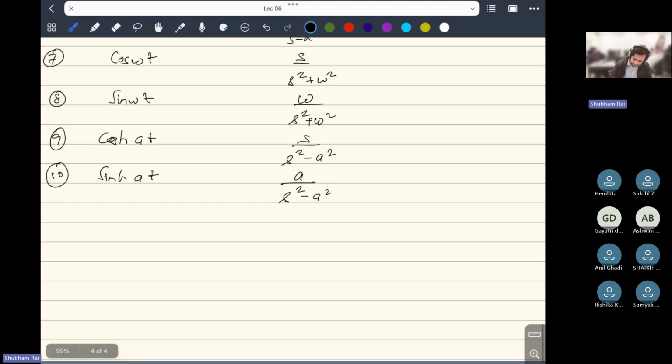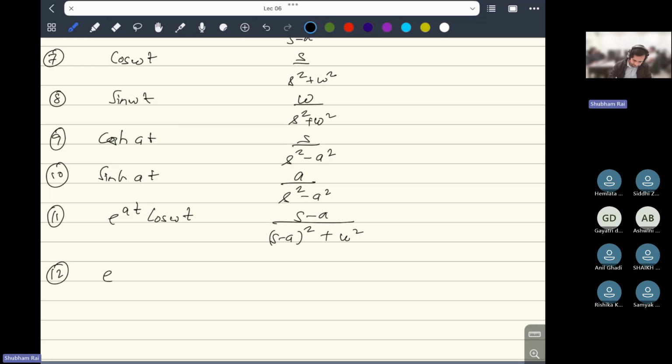Okay. And then we have, let's say, e raised power at cos omega t. So we will have s minus a over s minus a the whole square plus omega square. Then we have, let's say, e raised power at sine omega t.